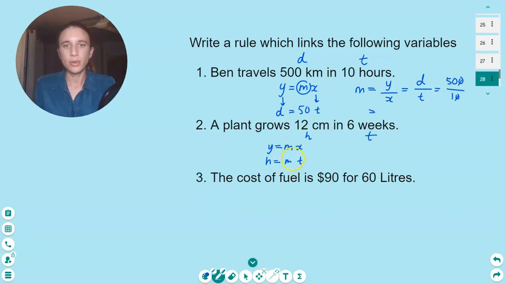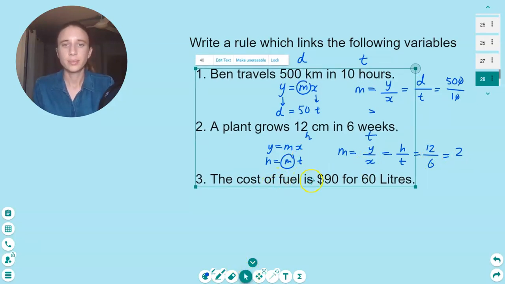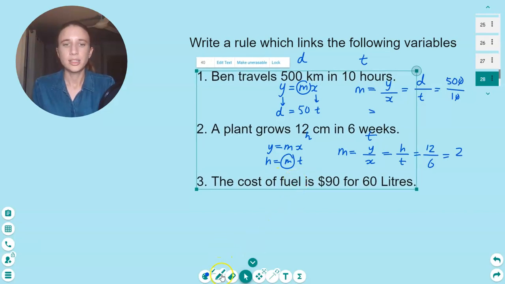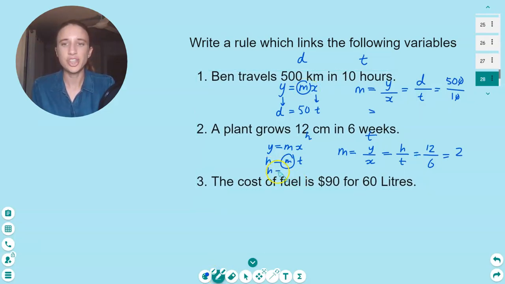And we've got to replace m in the equation. M is y over x, which is h over t, which is 12 over 6, which is 2. So our equation is going to be h equals 2t.